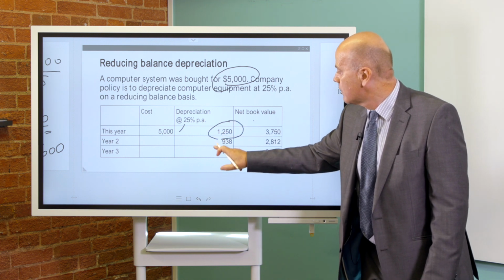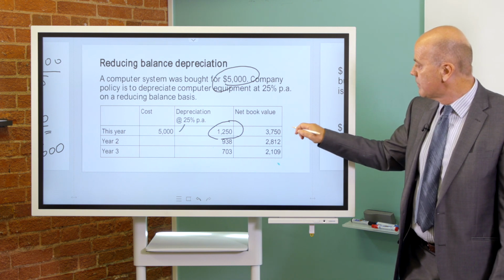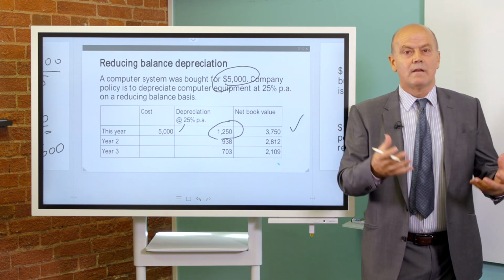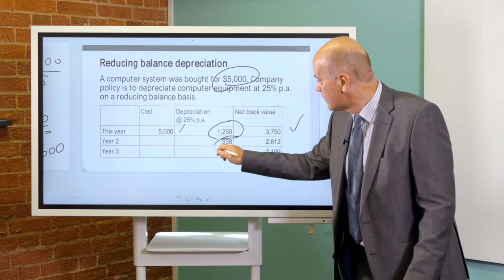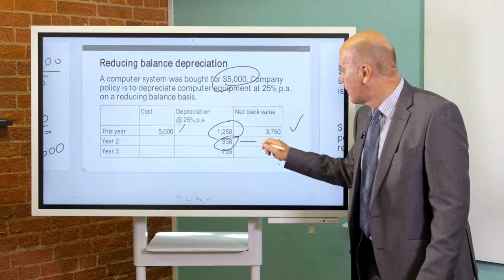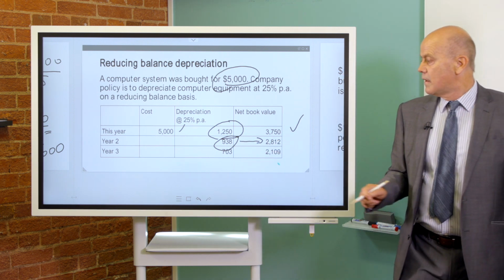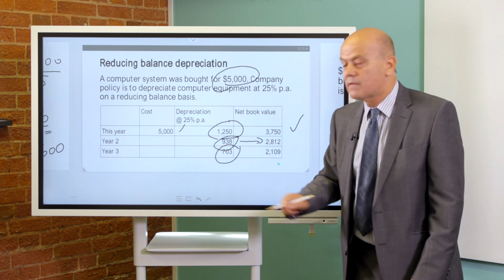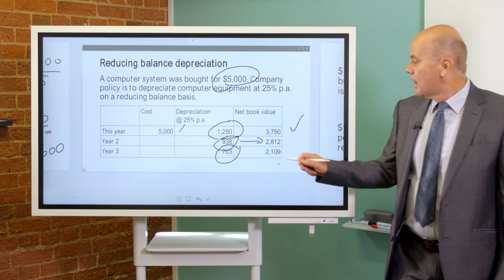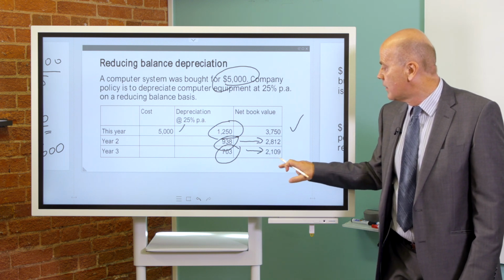And now we have a value of 3,750, and then the next year we take 25% of that, and that gives us a value now of 2,812, and then we have another depreciation charge of 703, and that gives us a final value of 2,109.